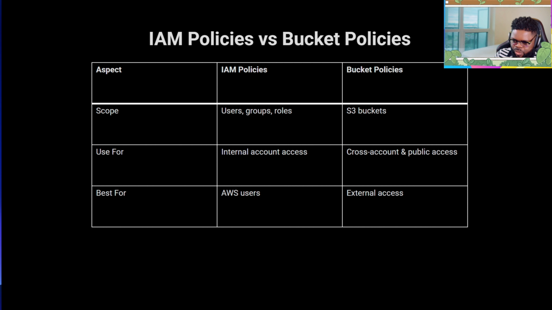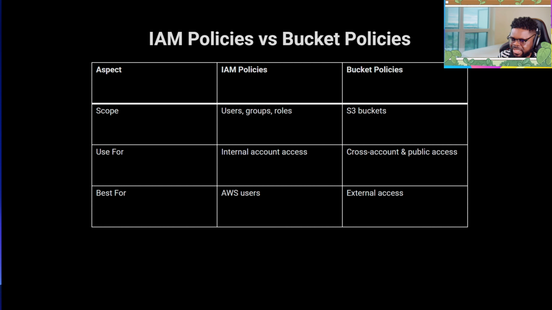What is the difference between using IAM policies and bucket policies? It's just exactly what I explained. IAM policies are given to IAM entities, so a user, a group, a role. We've seen all that, right? And then bucket policies are really scoped to that bucket. You create it in the bucket and it can decide who can get access to the bucket, right? And IAM policy is internal, obviously, because you expect that those people are controlled within the AWS account, while bucket policies can be for external access, right?